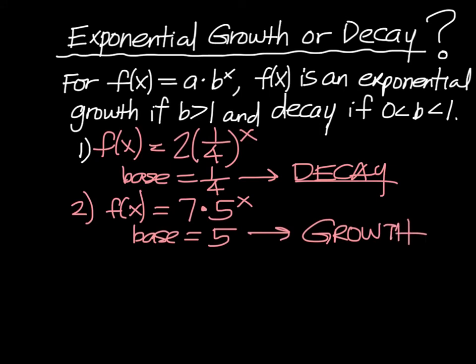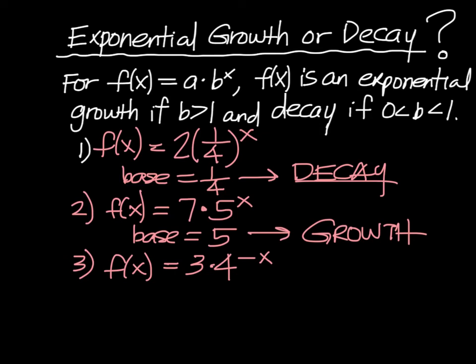Okay? But sometimes these functions are a little bit sneakier. So we have this example. f of x equals 3 times 4 to the negative x power. Alright, so notice that it's not quite in the form a times b to the x.